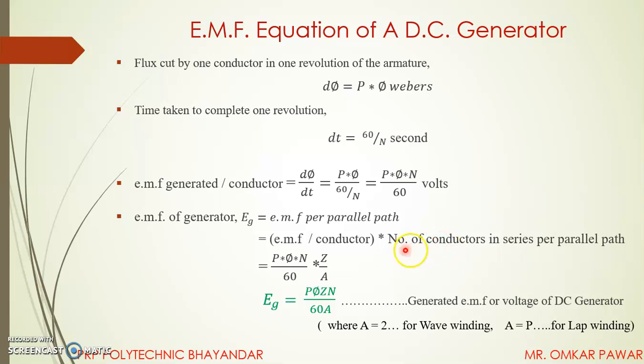The EMF per conductor is already derived, that is P phi N divided by 60, and the number of conductors in series per parallel path is the total number of conductors divided by the number of parallel paths, so Z divided by A. So the final formula for the EMF equation is EG is equal to P phi Z N divided by 60A. This is the generated EMF or voltage of a DC generator, where A is equal to 2 for wave winding, and A is equal to P for lap winding.